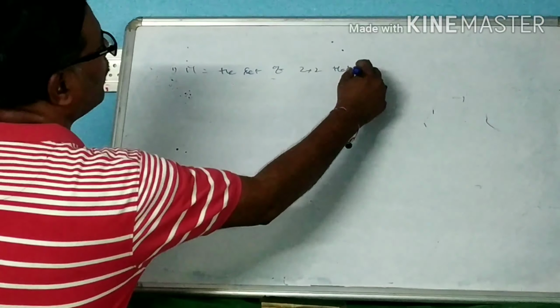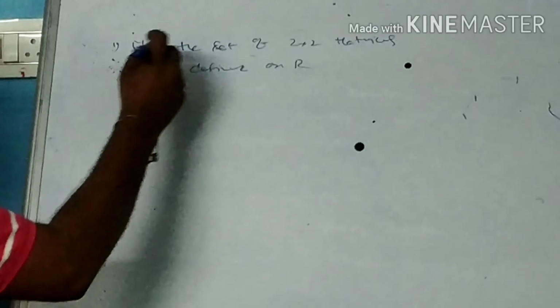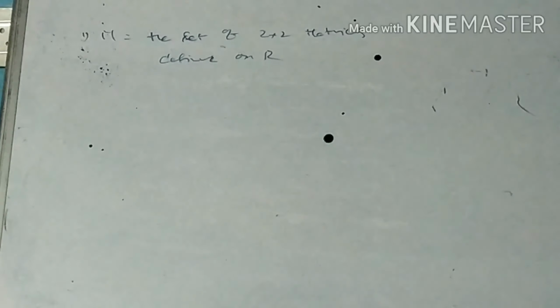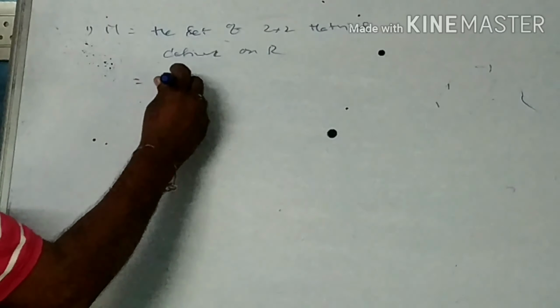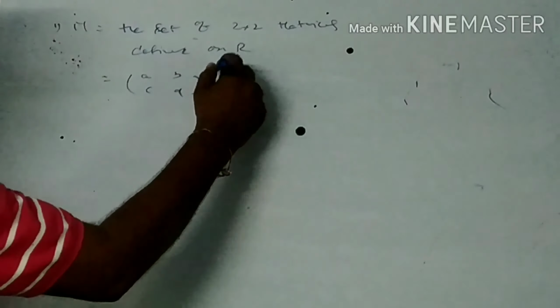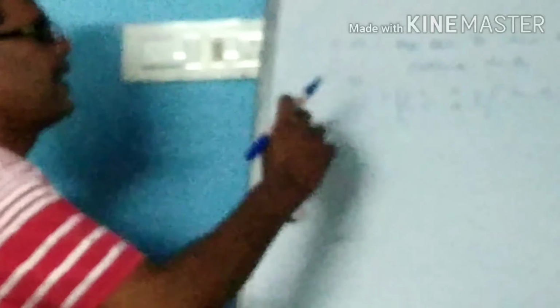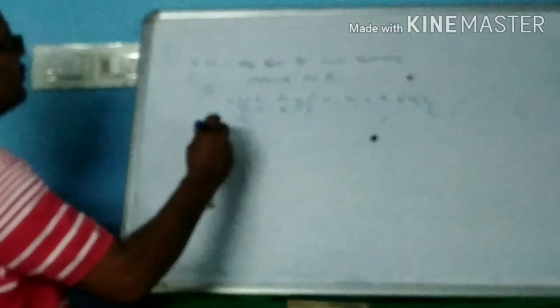M is the set of all 2 by 2 matrices defined on R, like this: a, b, c, d, where a, b, c, d belong to R. Now, addition of matrices. a, b belongs to M implies a plus b also belongs to M.